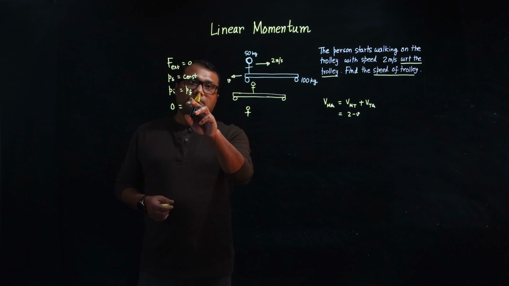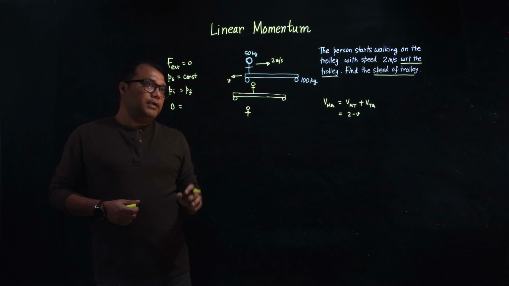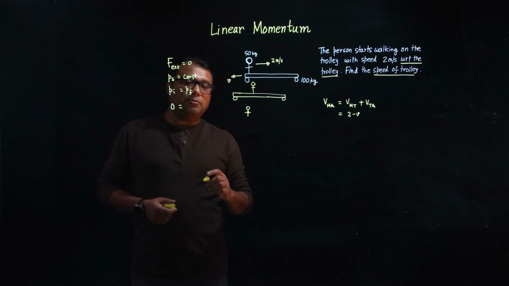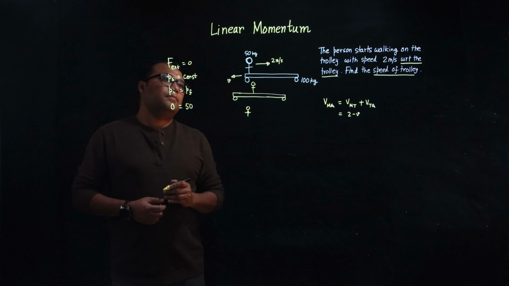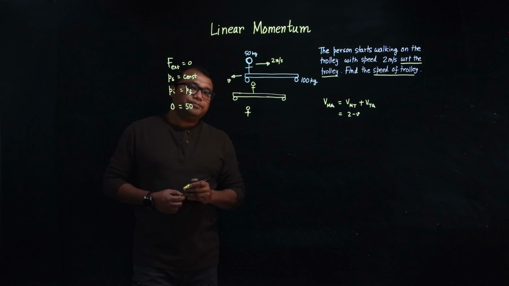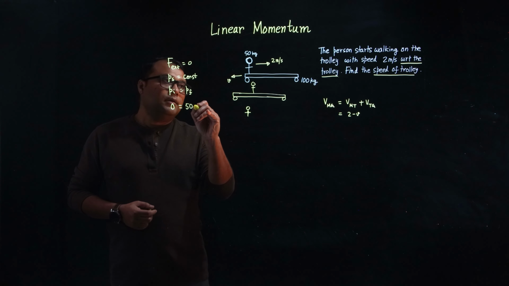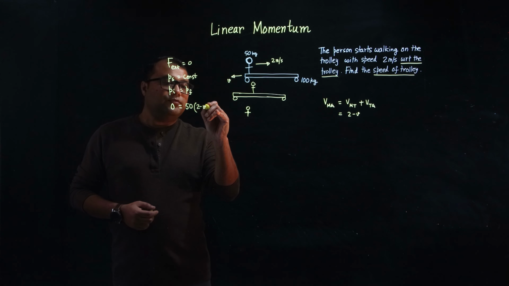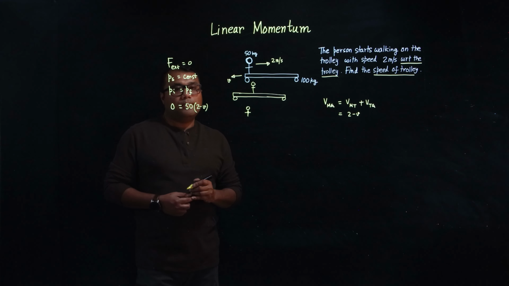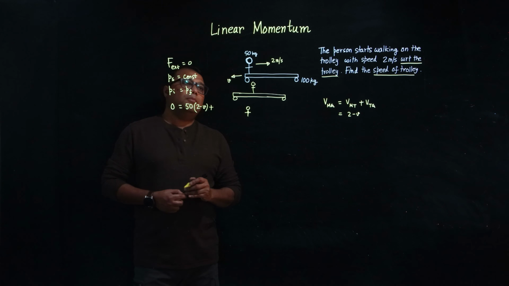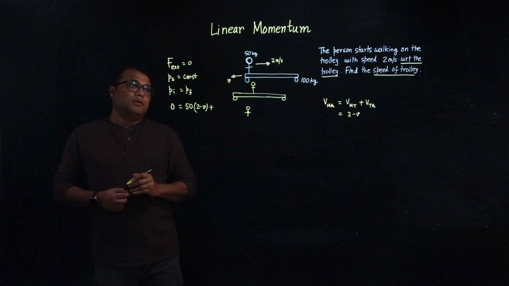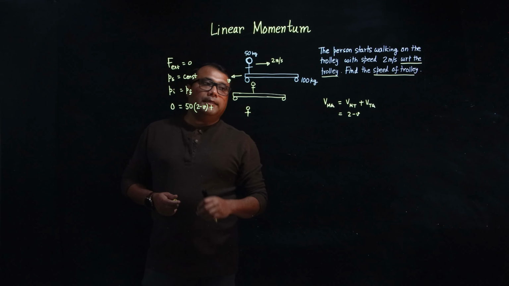Final momentum, let's look at the man's momentum. His weight is 50 kg, and he is moving forward with 2 minus v with respect to ground, plus, now what is the momentum of the trolley?